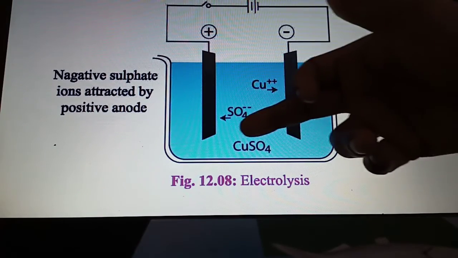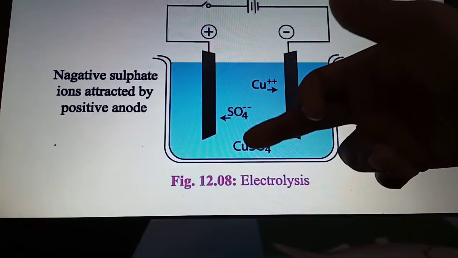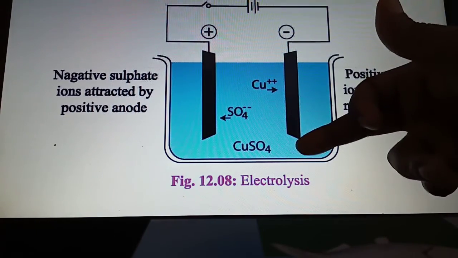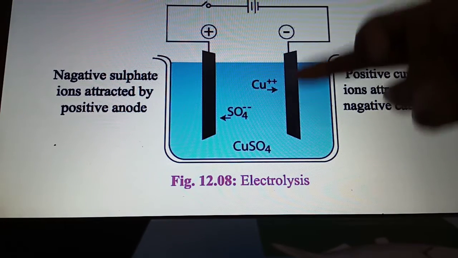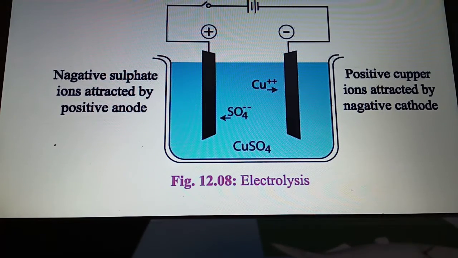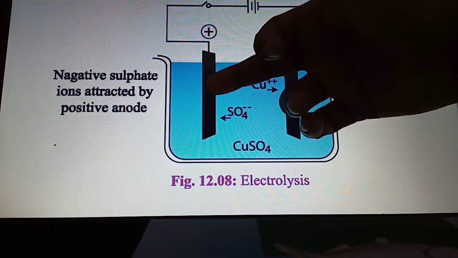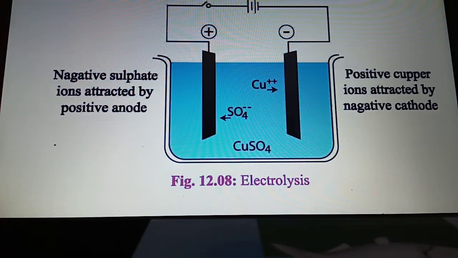Then this copper, since it is positive, will be attracted by the negative and it will be deposited on this copper plate, that is cathode. That means the sulfate ion will carry copper from the anode and deposit this copper on the cathode. Now this is electrolysis.